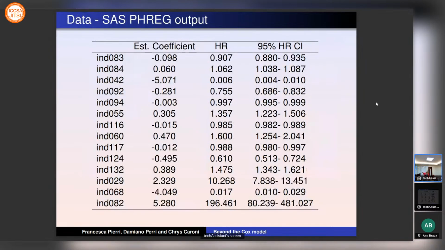These are the other variables, and I underline the importance of the index 0.82. It has a high estimated coefficient, 5.28. It is a value that we can find in the next slides, and in 0.29. They are indexes of indebtedness of the firm.